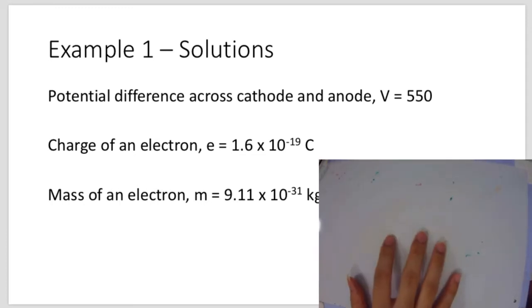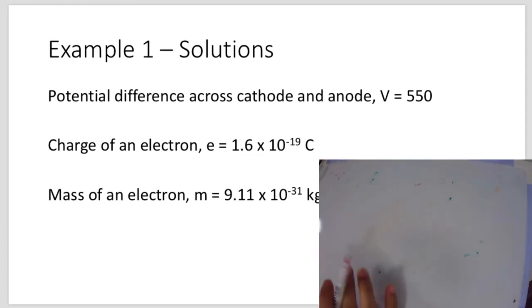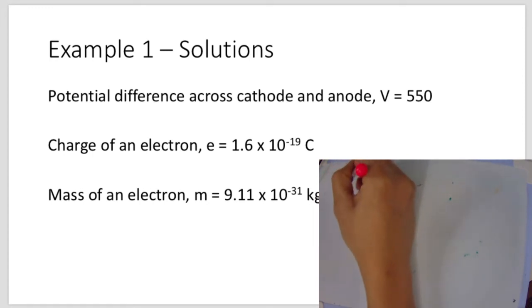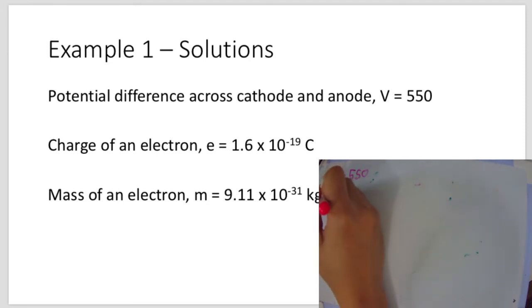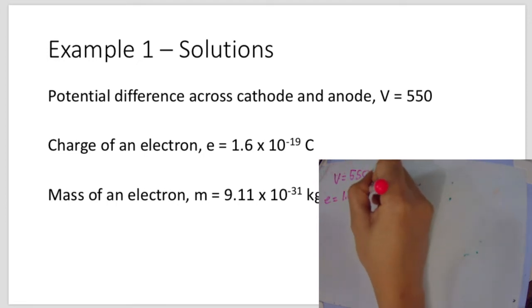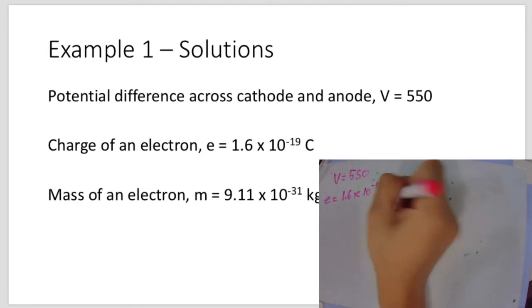I'm going to write this down on the whiteboard. So potential difference across the anode and cathode is 550, so V equals 550 volts. Charge of an electron doesn't change, so 1.6 times 10 to the power of negative 19 coulombs.